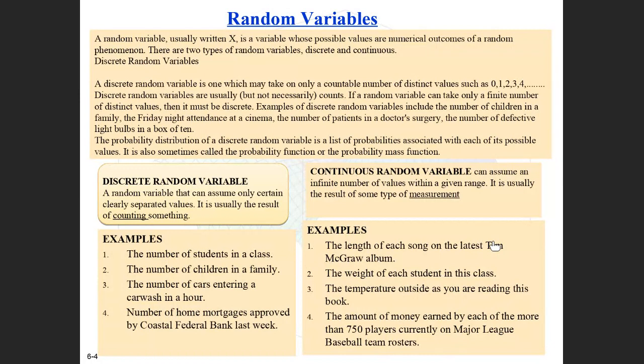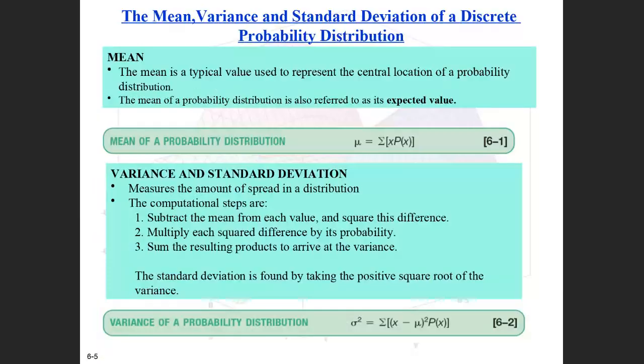We talked a little bit about this when we talked about frequency distributions. Discrete is counting, continuous is measuring. Does anybody have a question about that? Okay, no questions. We'll go to the next slide.